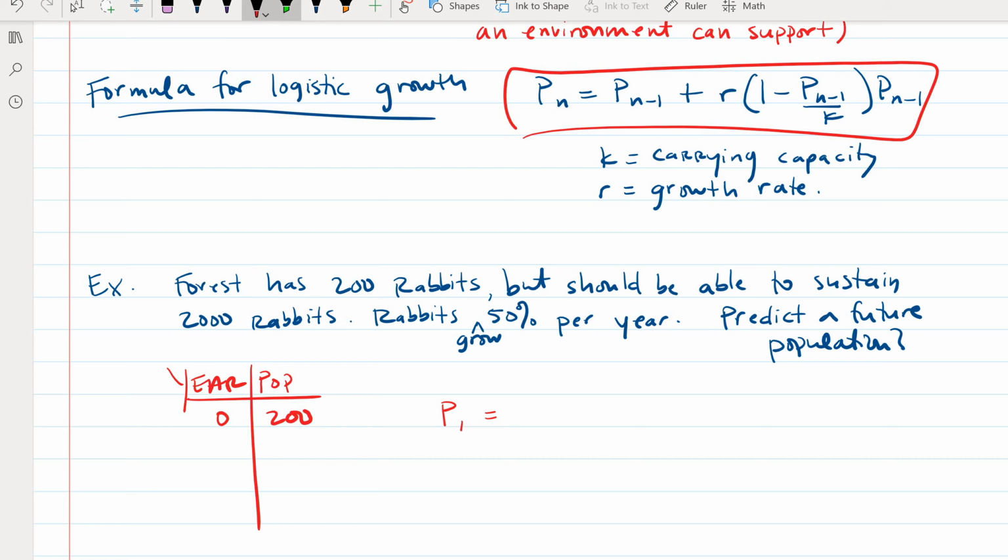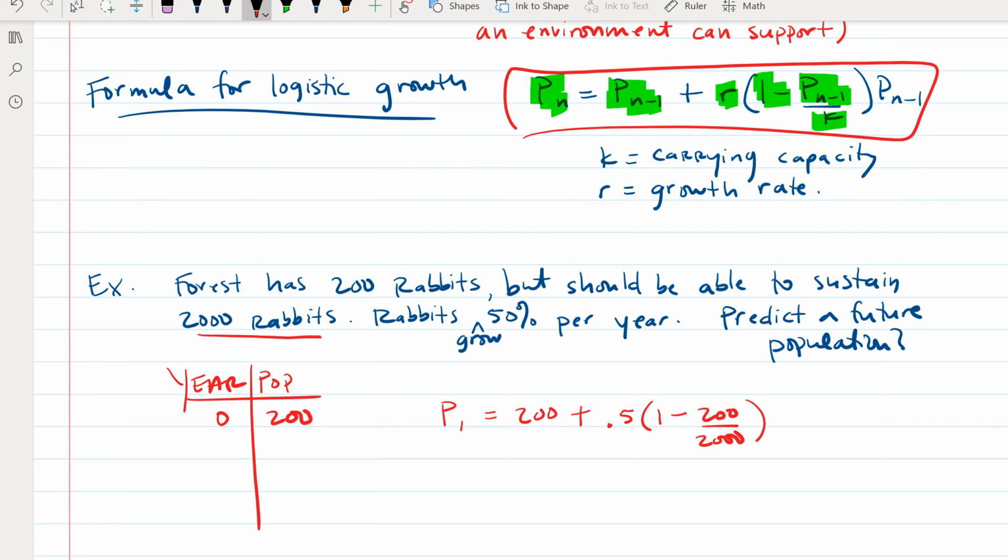Okay, so P1 is P0, and P0 is 200, plus R, and R is 0.5, times 1 minus P(n minus 1) again, that's P0, 200, over K, and our K for this problem is 2,000, because that's how much we think the forest can support.